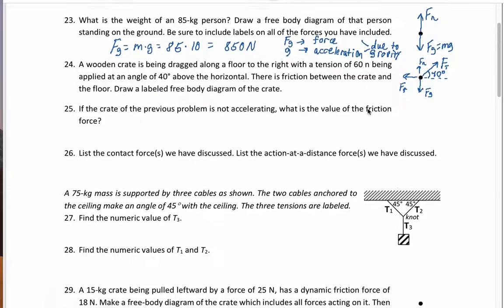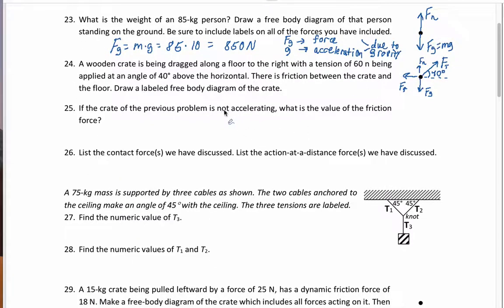Now it says if the crate of the previous problem is not accelerating, so let's be really specific. What that means is that in the x direction, the sum of Fx equals 0. And remember, that's a formal algebraic sum. Dan, you and I talked about that last class, where we have F pointing in one direction, even though we're subtracting the force of friction.